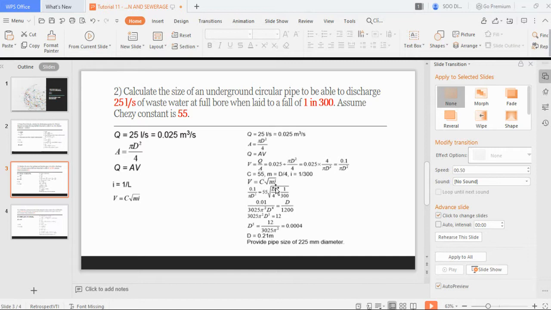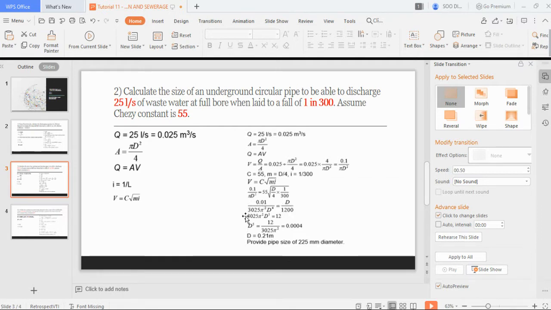Next, you'll use this formula, which is V equals to C square root MI. By putting V equals to 0.1 divided by pi d square, you'll be able to equate this equation to the information given to further solve the question.